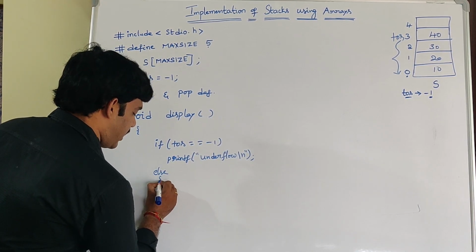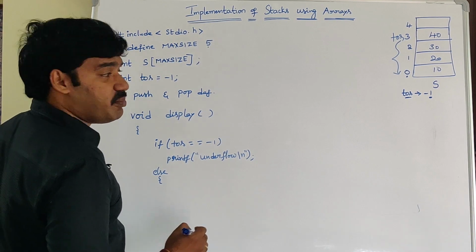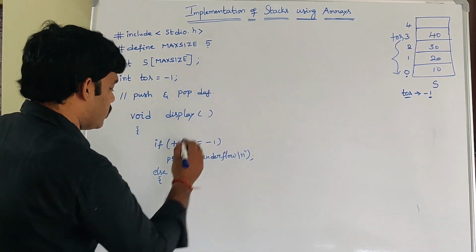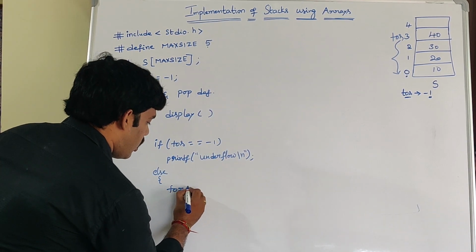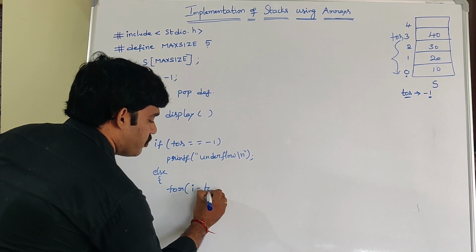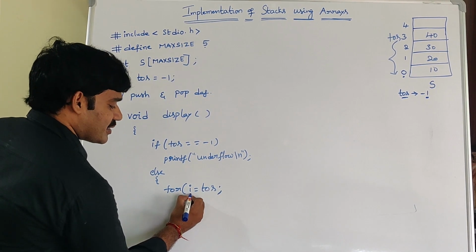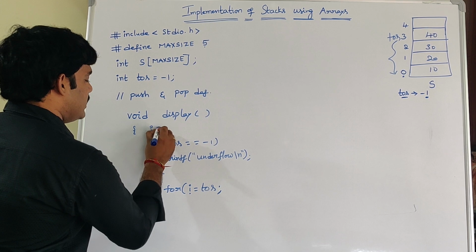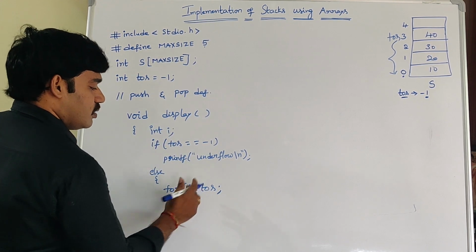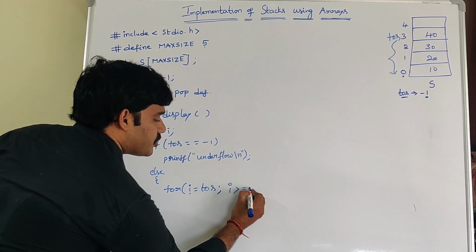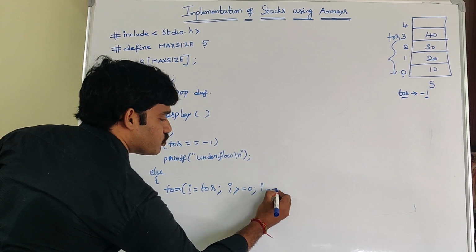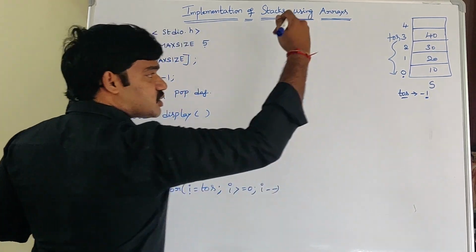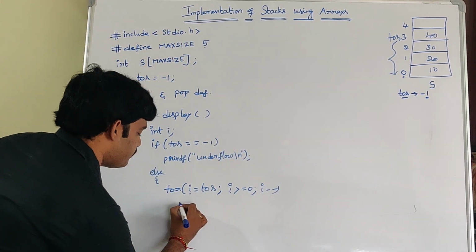Otherwise, if the stack is not empty, then display the elements from TOS to 0. For i is equal to TOS, declare the local variable int i, i greater than or equal to 0, i--. From TOS to 0, that's why decrement i--.